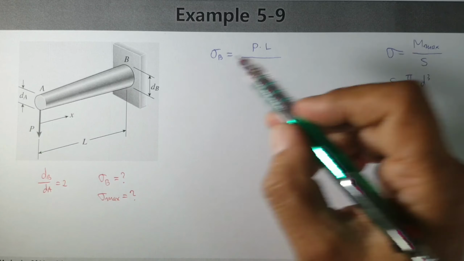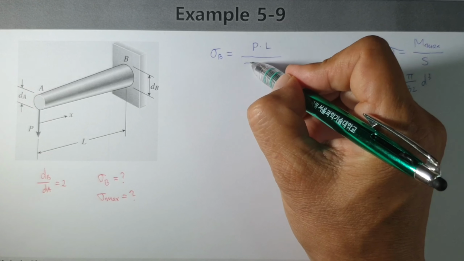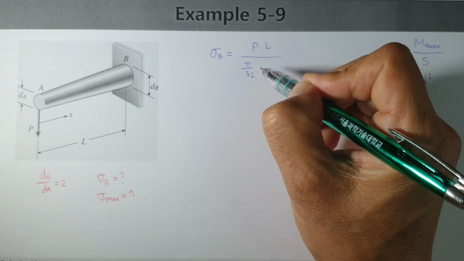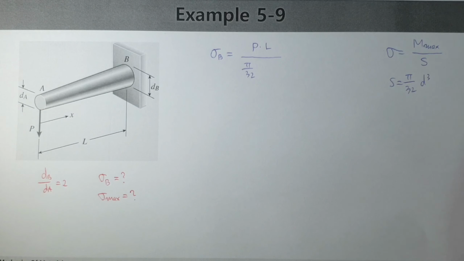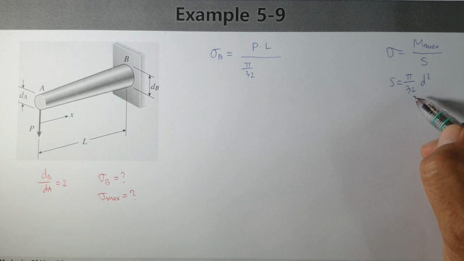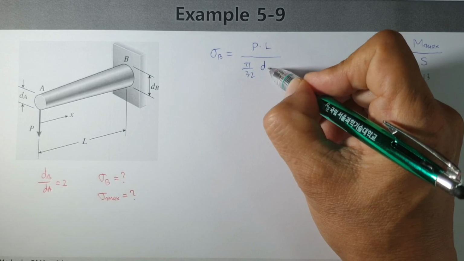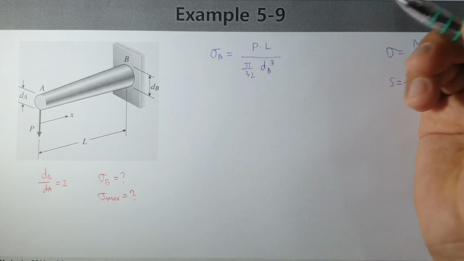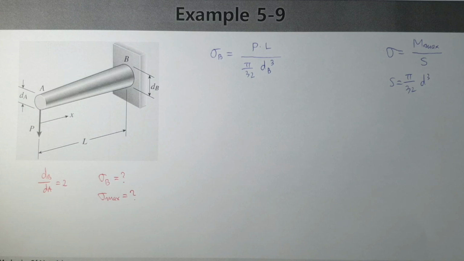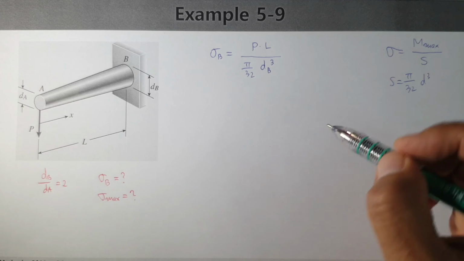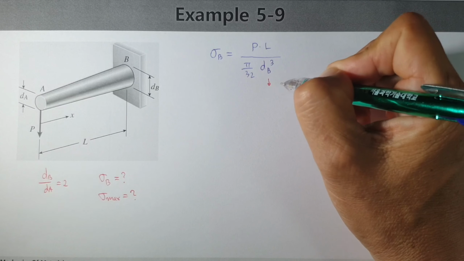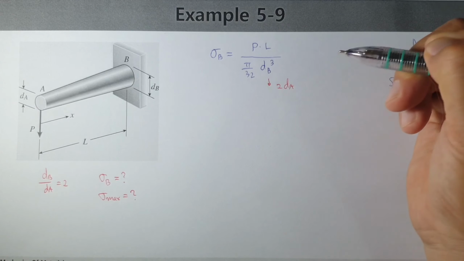And the section modulus in this case is π over 32 dB³. When dB equals 2dA, this one is 8 dA³.